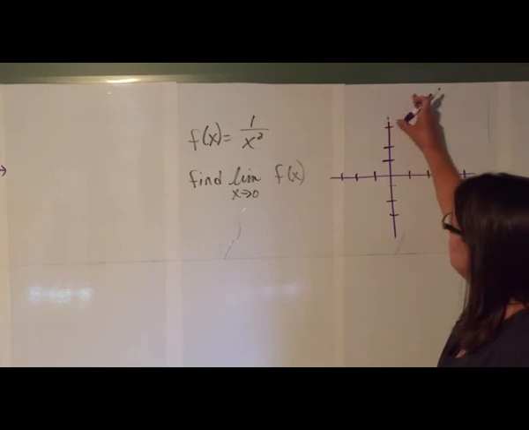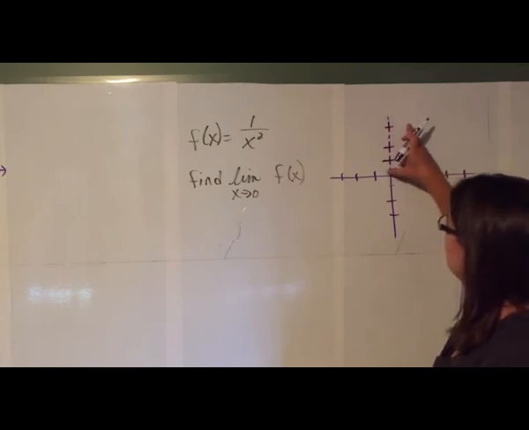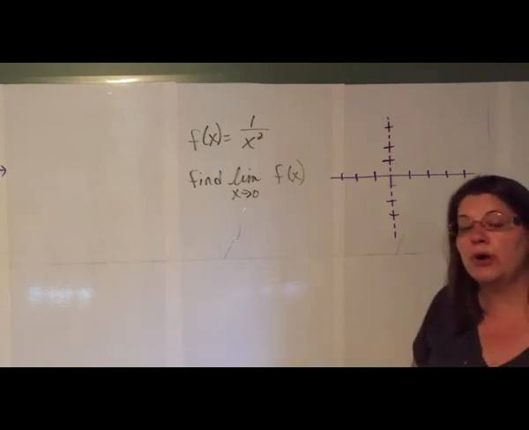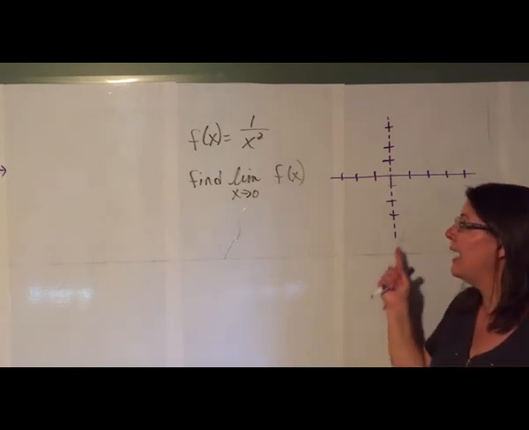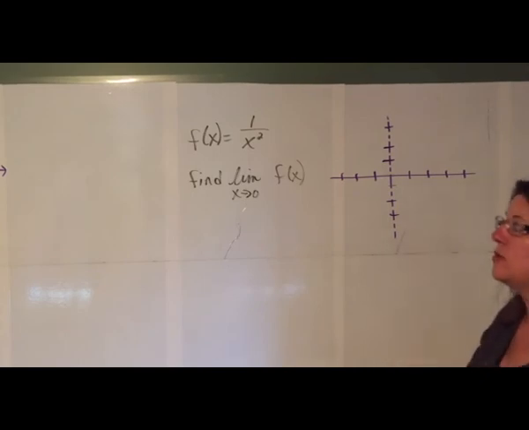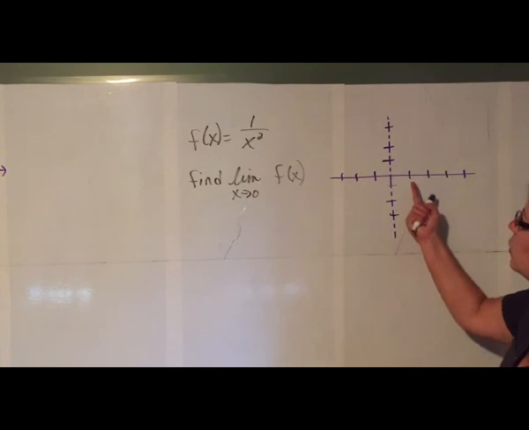So that means my y-axis is actually an asymptote. So we know that my graph is going to approach that y-axis, but it probably won't cross it. Now, there's nothing that says an asymptote can't cross it, but I'm going to guess and say for this one it doesn't. And then I'm going to just plug in some other numbers, like let's plug in 1.